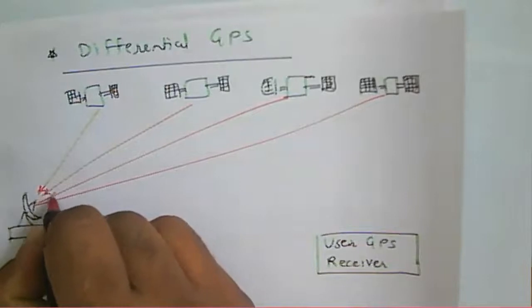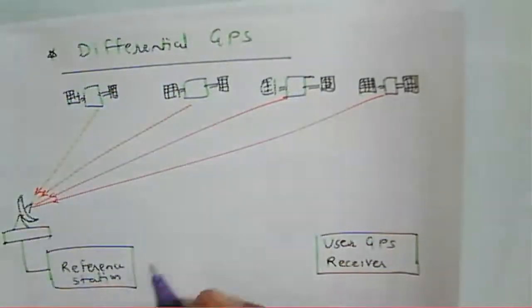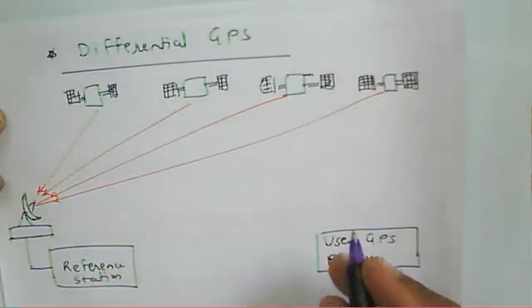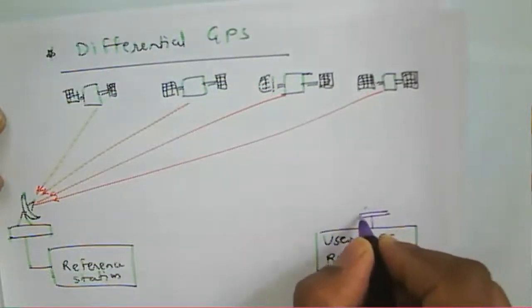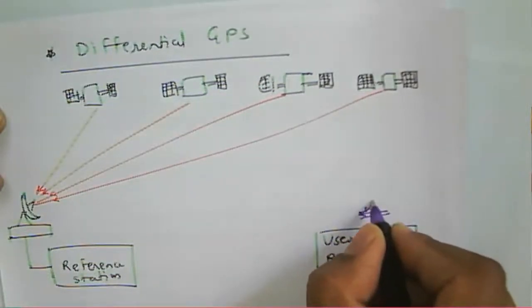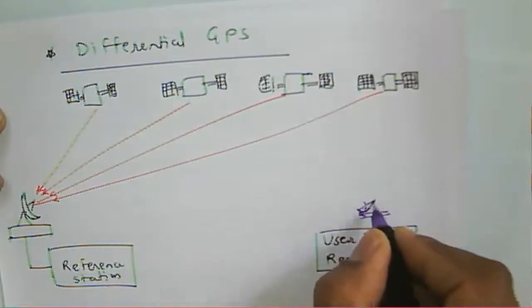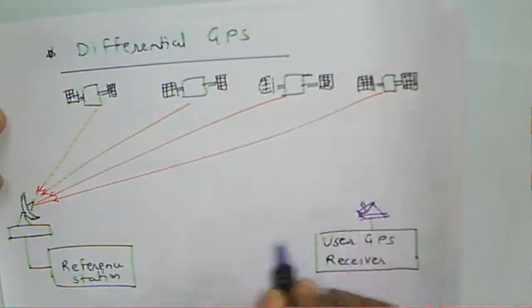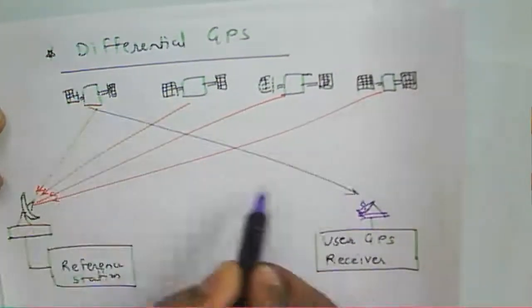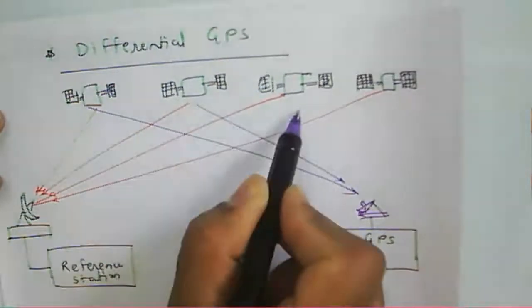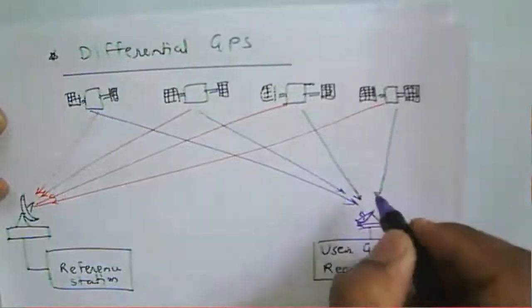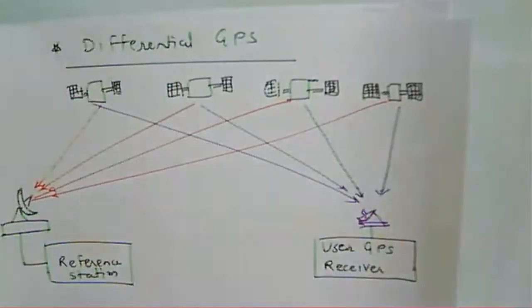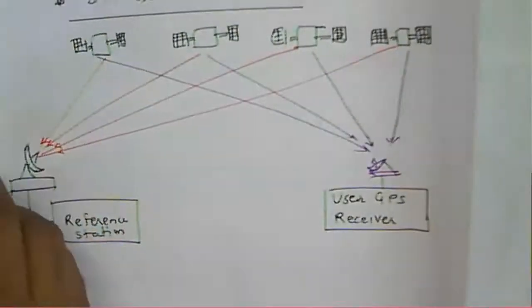These are the signals received from the satellites. Similarly, we have the reference station with some specific antenna. Likewise, we have the antenna, and it is again receiving the signal from the various satellites.